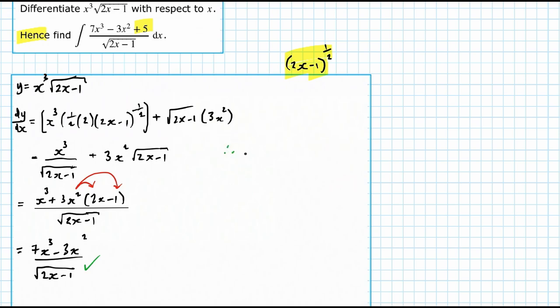So we're going to separate it out. Now you know that 7x to the power of 3 minus 3x squared all over root 2x minus 1 is the integral of our y equals x cubed times root 2x minus 1. So we can replace that, because when we integrate it, we find that, if you see what I mean.